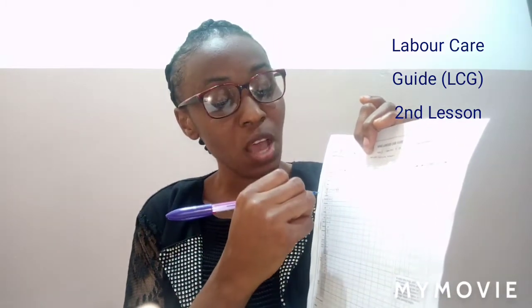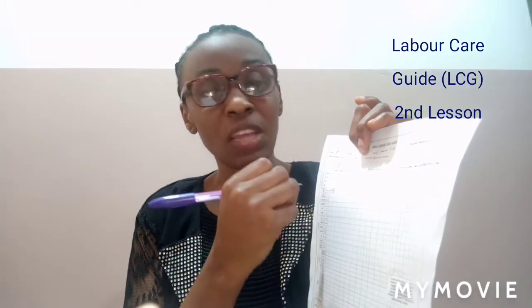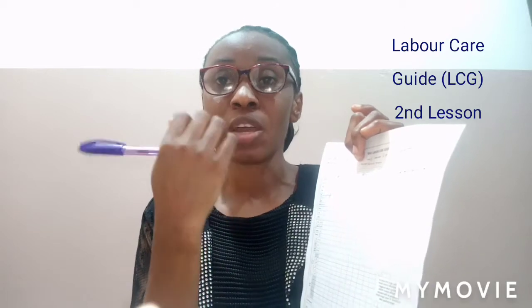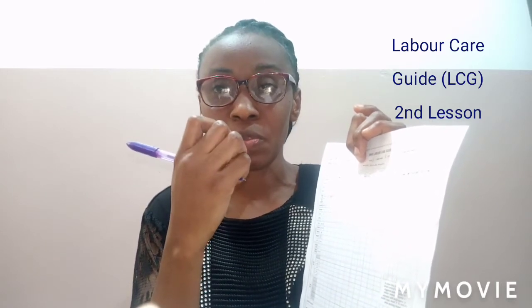Now go to the fetal heart rate deceleration. Deceleration is simply a drop in the fetal heart rate. There are decelerations that call for attention. Deceleration could be early, late, or variable.